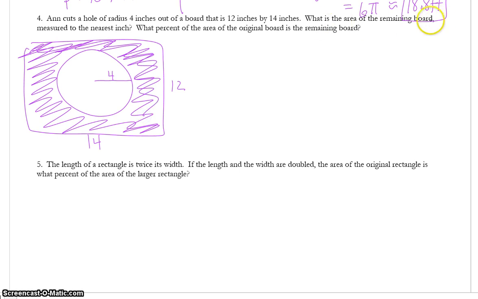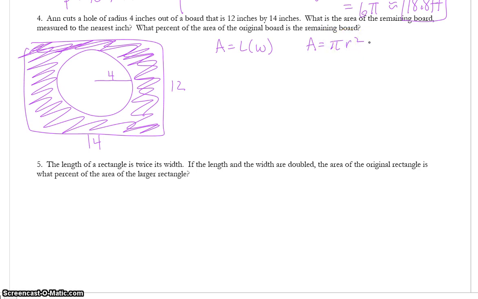It says, what is the area of the remaining board to the nearest inch? Okay, so to find the area of the board, we're going to take the area of the rectangle and subtract out the area of the circle. So we're going to do area equals length times width, and then we're going to do area equals pi r squared.